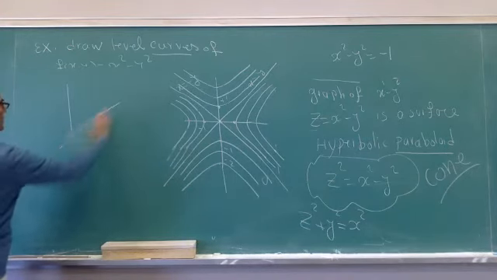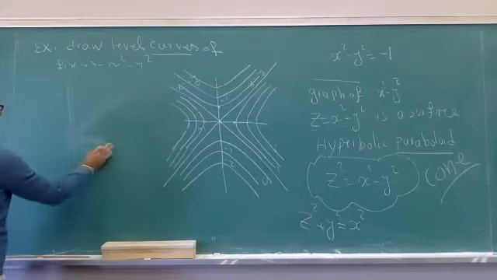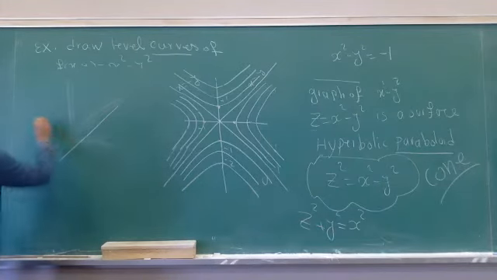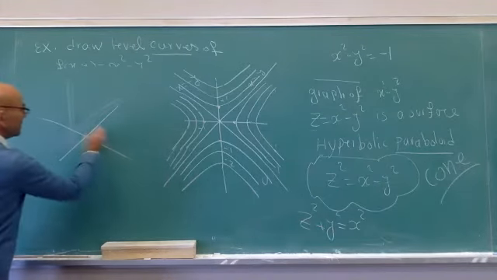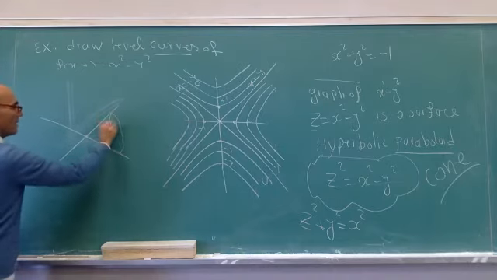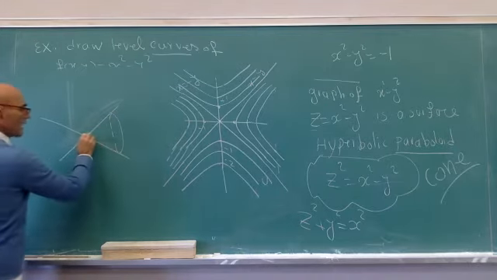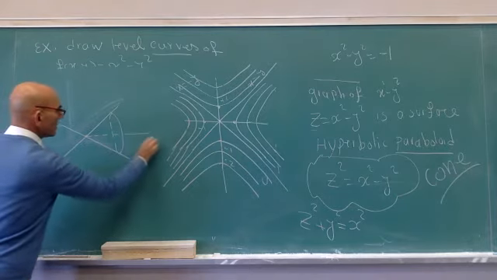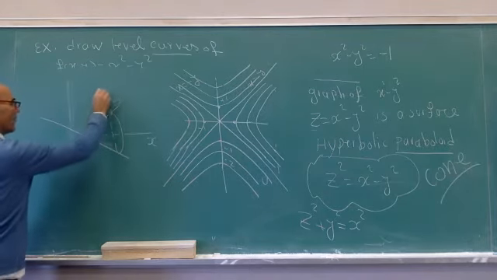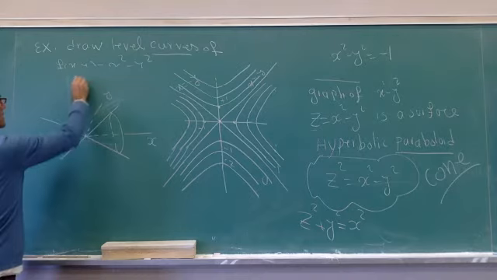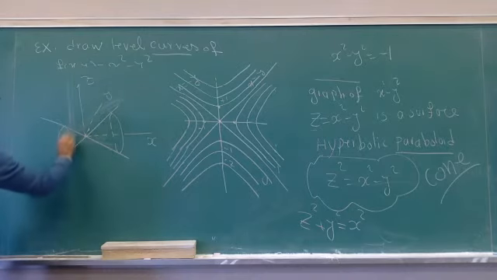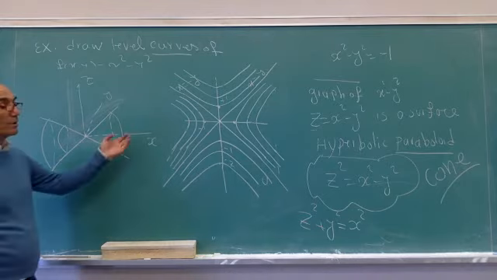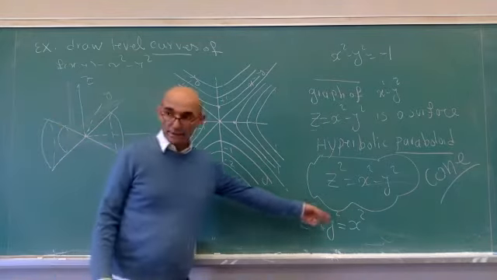So let me draw the cone and then put the axis. That's the trick, right? So this is the x-axis and y-axis, z-axis. So the cone is certainly along the x-axis.